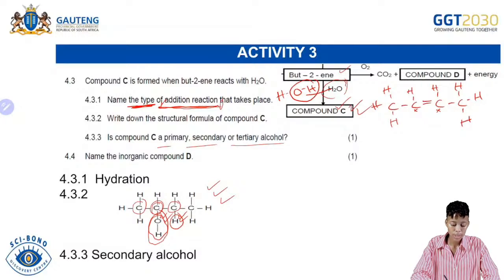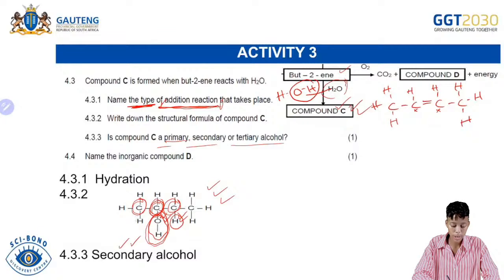Because the OH group is attached to the carbon which is attached to two other carbons, it means that we have a secondary alcohol. But if it was a primary alcohol, it means that on the first carbon is where we'll have the OH group.